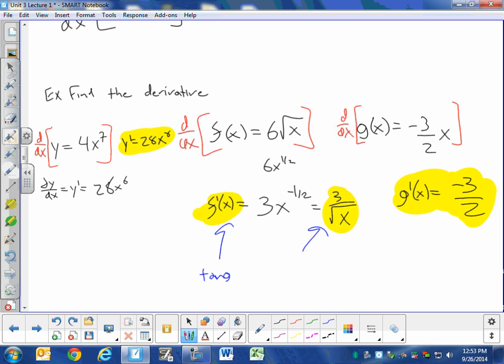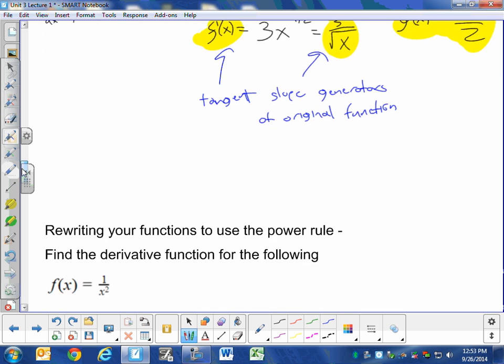We are developing tangent slope generators of your original function. Don't forget that. It's easy to forget that. I'll be able to plug in x values into those derivatives to give me slopes of my original equation.